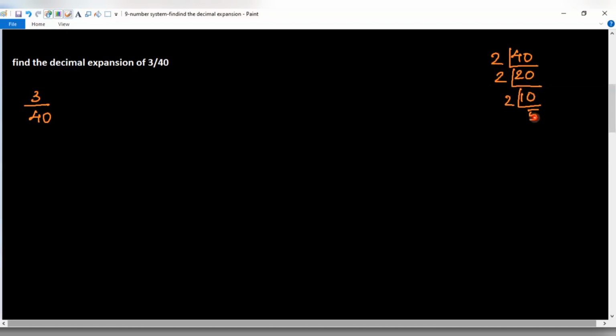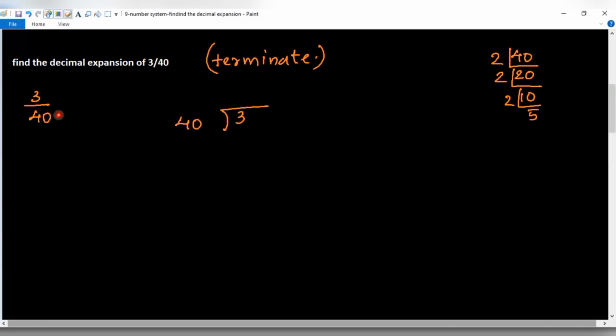Only 2's and 5's are there as the factors of 40. That means we can understand that it will terminate. First we have to determine whether it is terminating or not. Then we have to divide 3 by 40. We know 3 is not divisible by 40, right?